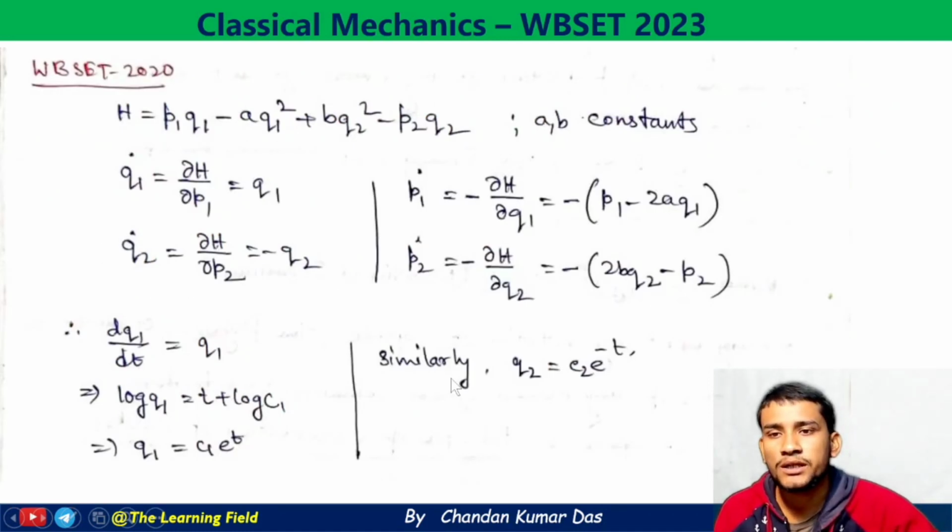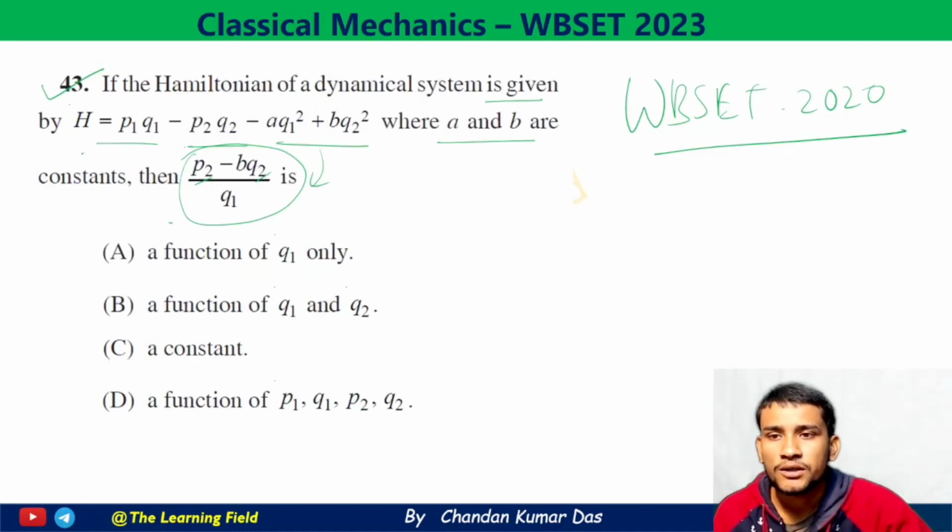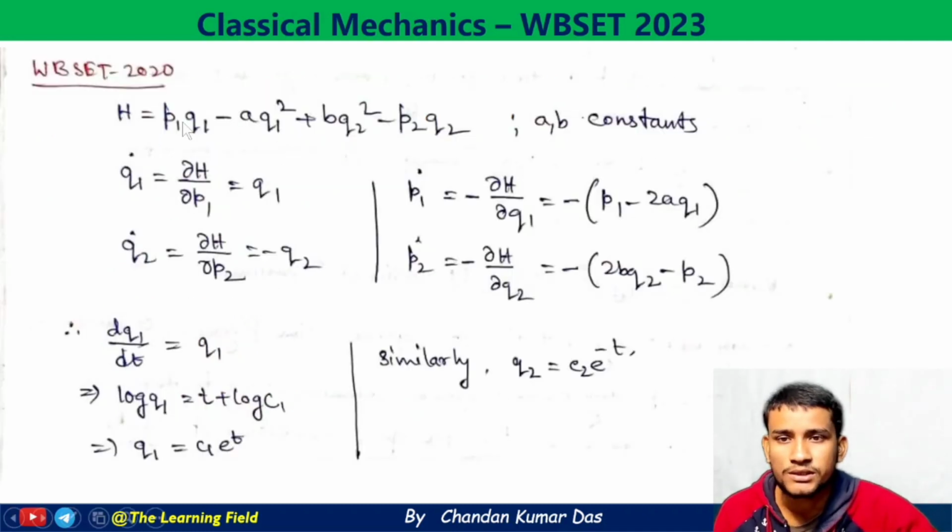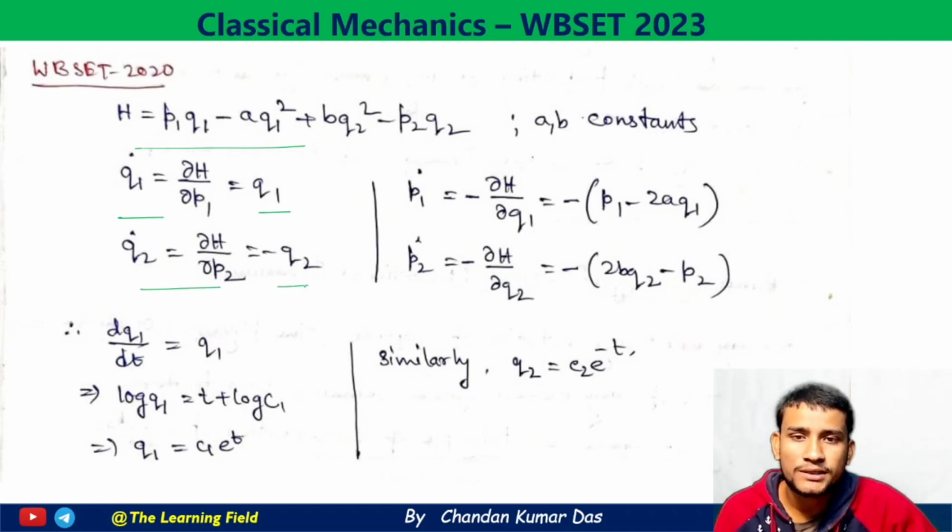Here the Hamiltonian is given, so we first calculate the Hamilton's equations. q1 dot equal to del H del p1, which is equal to q1. And q2 dot equal to del H del p2, which is equal to minus q2.